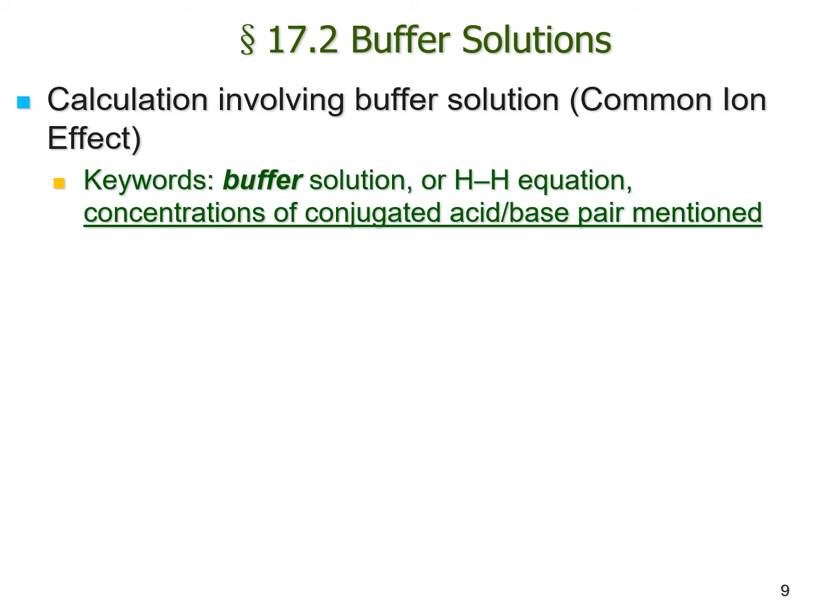Here's the clue. The concentrations of a conjugate acid and base pair are mentioned. This is more fundamental than the other two. As a strategy, we identify this pair of conjugates.